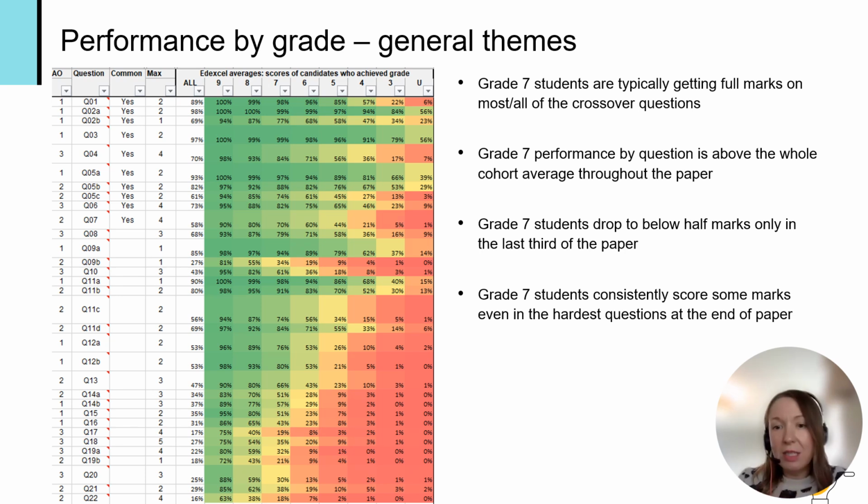What we're now going to dive into is where are the biggest gaps between grade 7 performance and performance at grade 6, looking at individual questions, across all the June series and all papers, and start to see, are there any themes that come out of that, any topics in particular that stand out, that consistently we see improved performance at grade 7 than we do at grade 6.